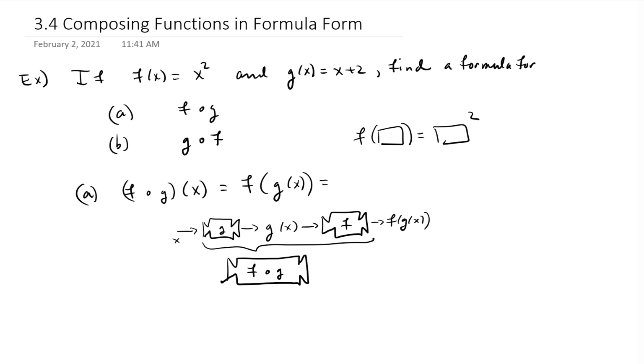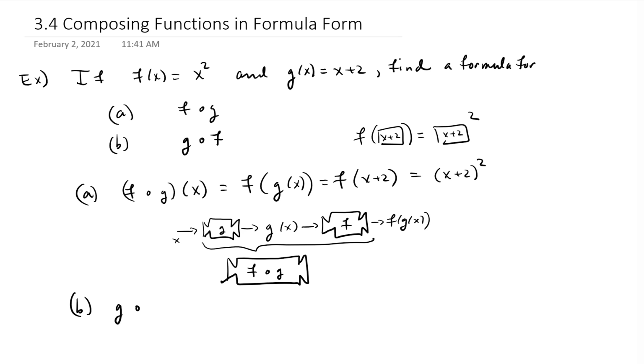So we're going to feed g of x into it. G of x is x plus 2, so what comes out is x plus 2 squared. f squares the input. So that's the composition.